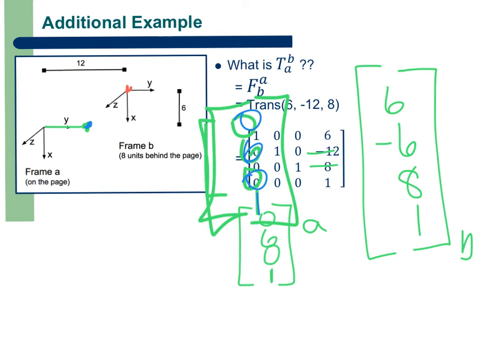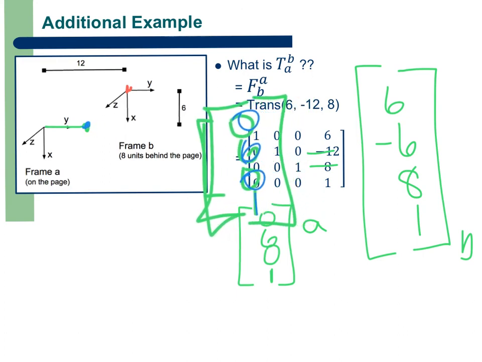Because the origin of this A coordinate frame here is in fact 6 down below this one, so we have to go 6 in the X direction to get towards this blue point. So 6 down, we have to go 6 backwards along the Y, so that's -6, and 8 forward, so we have 6, -6, 8, 1. Check it out. It worked again. Pretty cool.